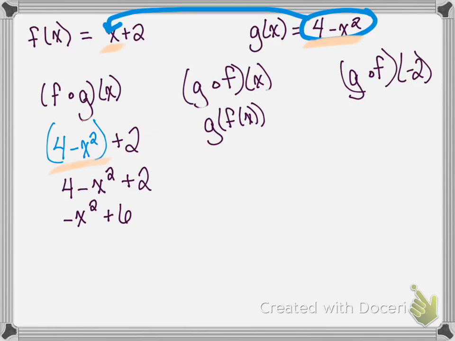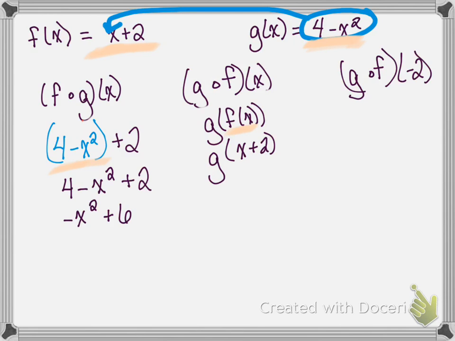So instead of F of X, I write what F of X is. So then I have G of X plus 2. Wherever there's an X in G of X, what do I put in there? X plus 2.